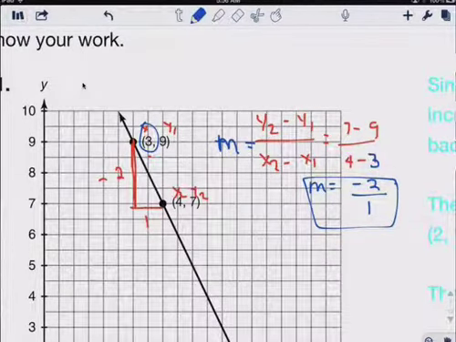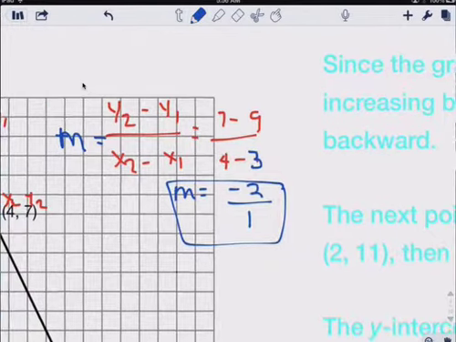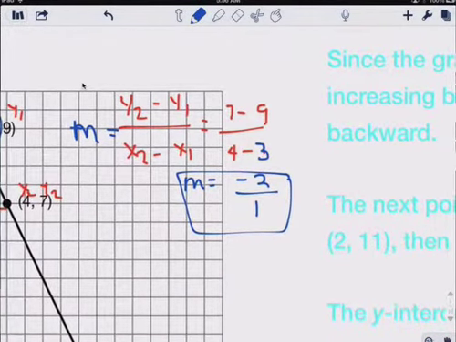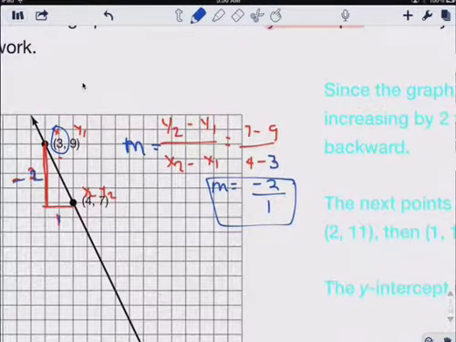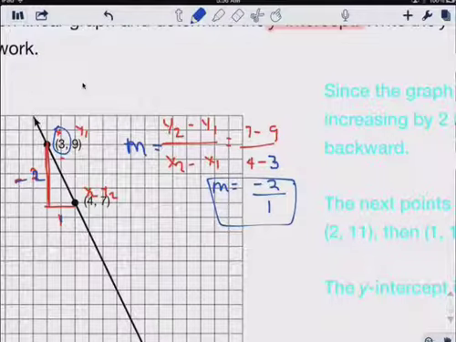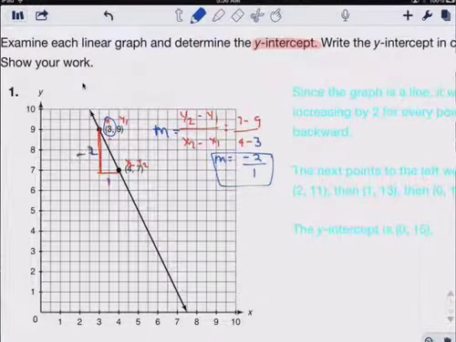Same thing as what we got here, down 2, negative 2 over 1. Okay? Just to check, make sure it's right. You always double check your slope. Now, if your slope is wrong, everything else will be wrong. So it's very important to double check your slope and make sure it is correct.